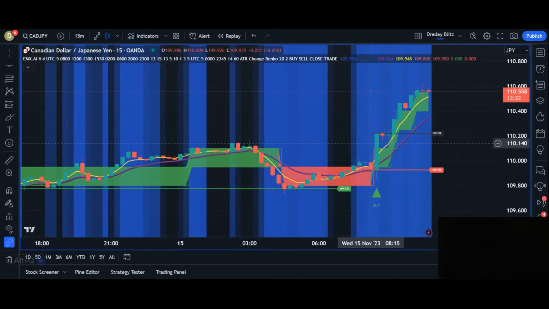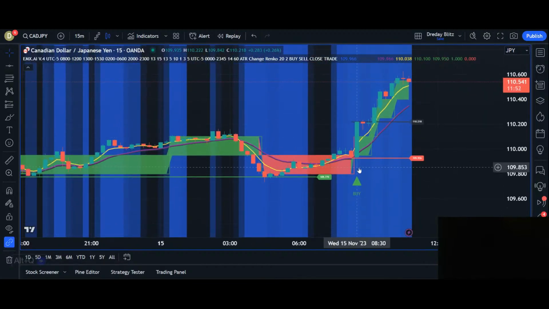So that means that CAD should be stronger than something else. If CAD is on the left side of the forex pair, CAD JPY, CAD is the first currency and JPY is the last currency. So CAD needs to be stronger than JPY to go up, and if it's weaker than JPY, it's going to go down. Okay.